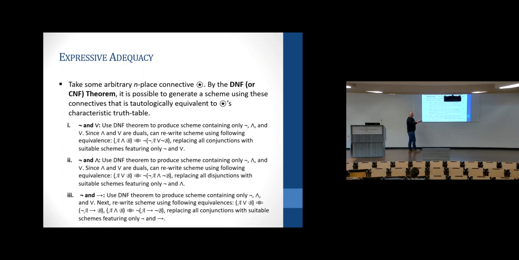Cool. We build a truth table for it. We then use the DNF theorem to produce the sentence featuring just negations, conjunctions, and disjunctions. And then we use the fact that conjunction and disjunctions are duals to get rid of all the conjunctions. So you'd end up with a sentence that's guaranteed to be tautologically equivalent to whatever you started with, featuring only negations and disjunctions.